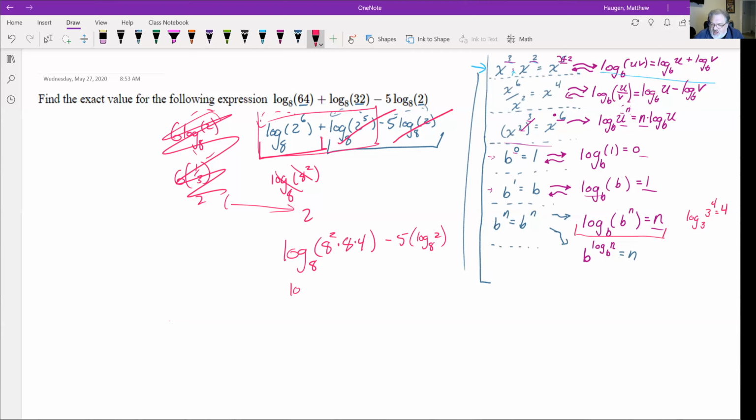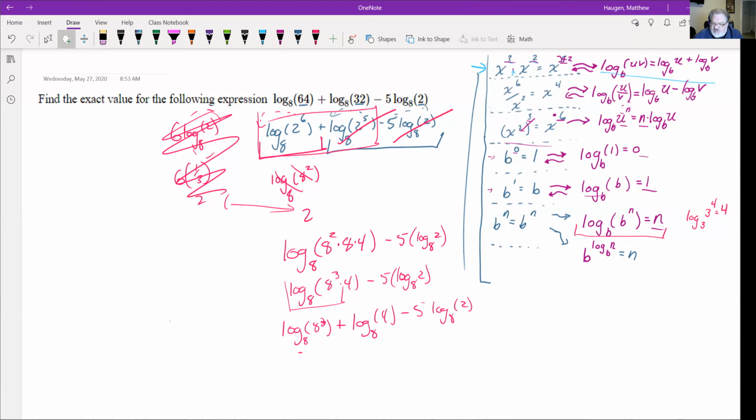Okay, so this is log base 8 of 8 to the 3rd times 4. That's handy. Minus 5 times log base 8 of 2. I'm just looking at different ways to do this. Well, this 8, those 8s are nice. Let's separate that off. Log base 8 of 8 to the 3rd, plus log base 8 of 4, minus 5 times log base 8 of 2.